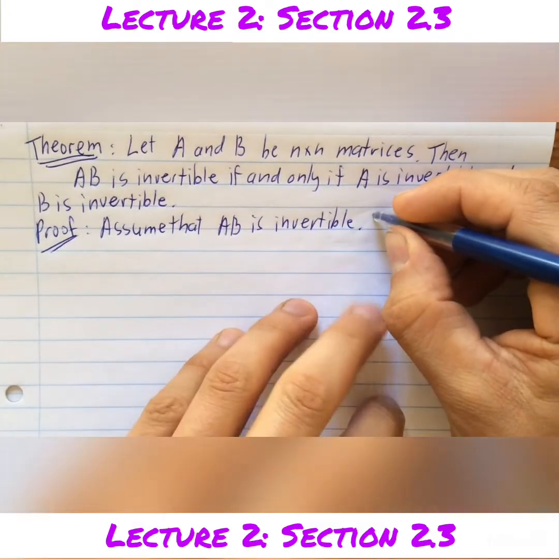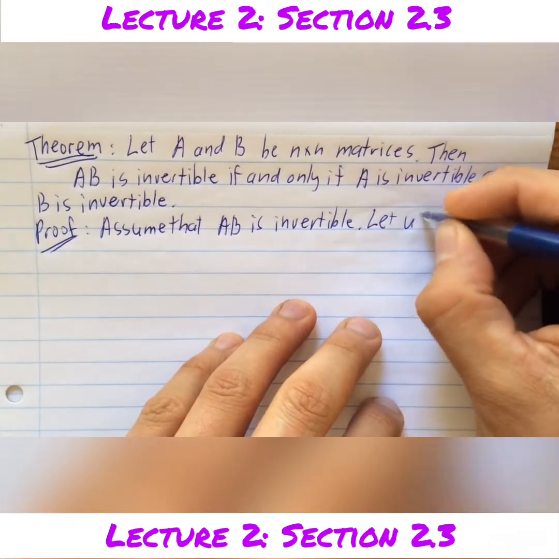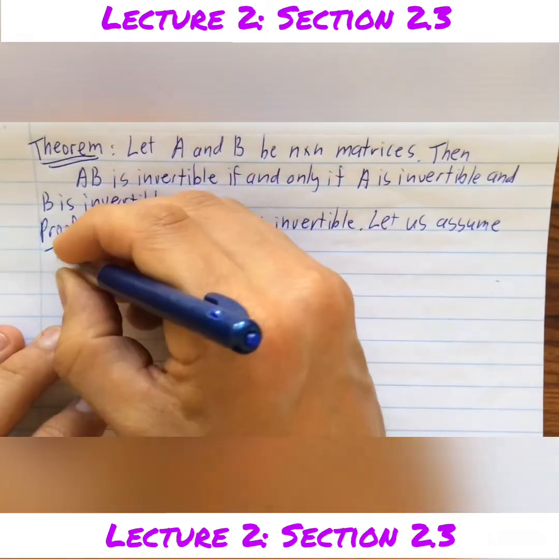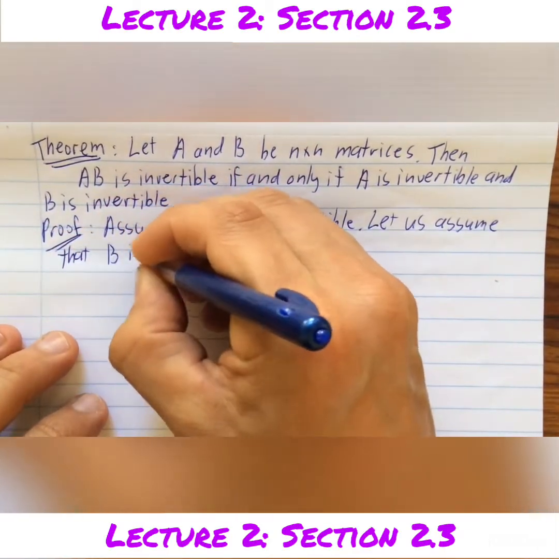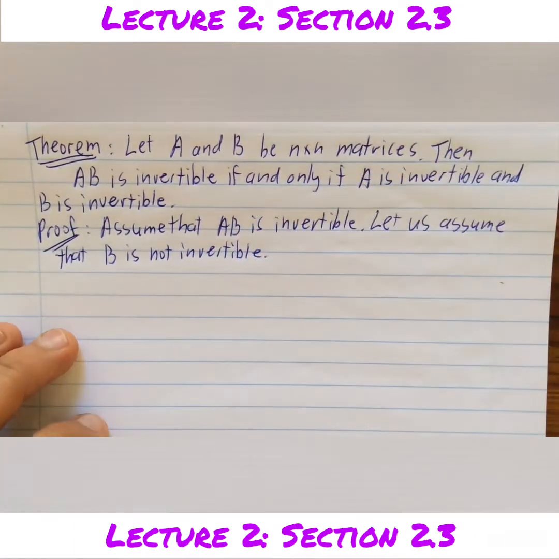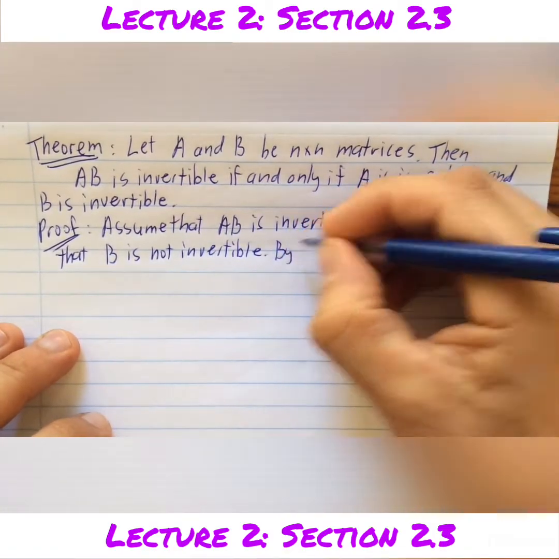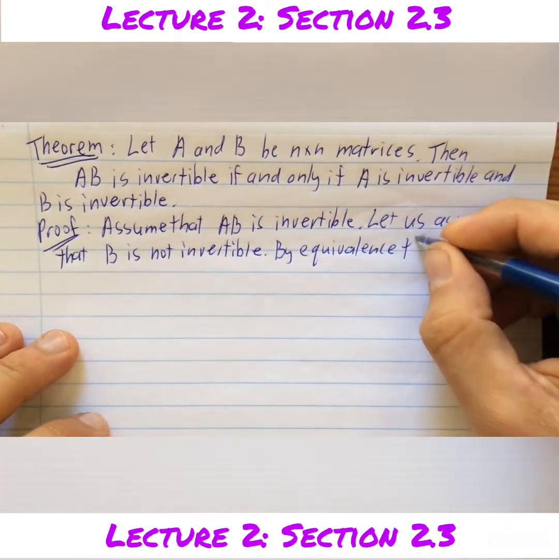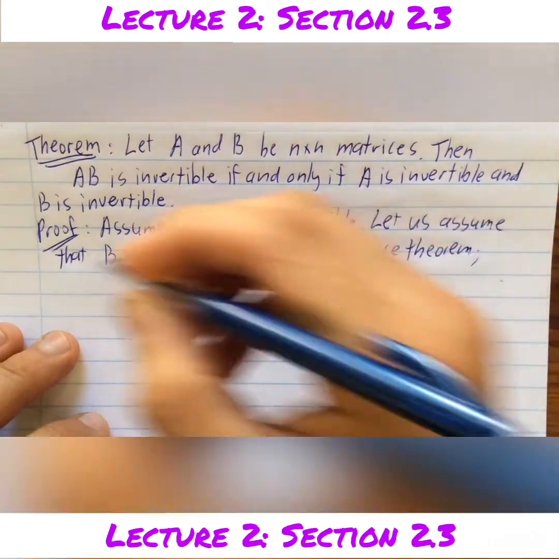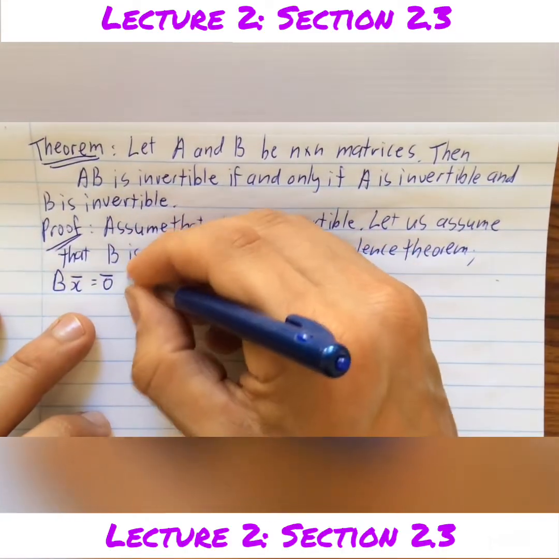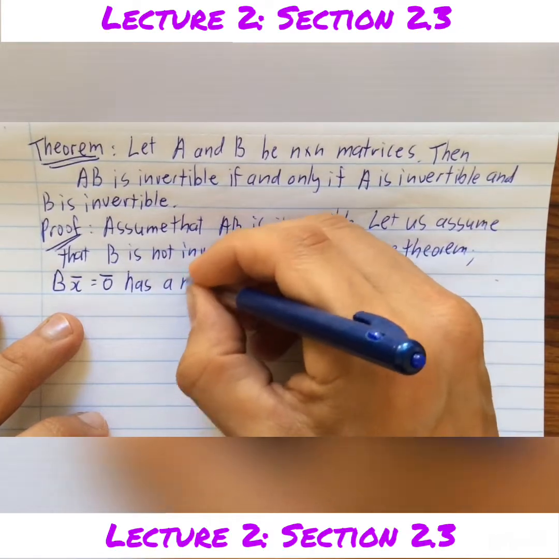So let us assume that B is not invertible. Now go back to the equivalence theorem. What does it mean for B to not be invertible? By the equivalence theorem, this expression here has a non-trivial solution.